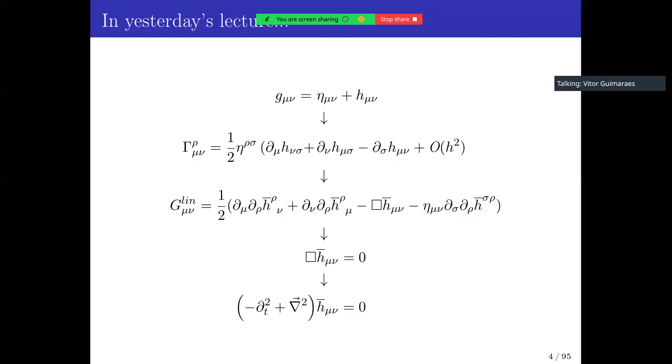So we do a small perturbation to see if our spacetime is stable, and what we discover is that this perturbation will propagate as a wave. I think this is kind of amazing. I opened up this operator for you to see more clearly that this in fact is the wave equation, right?